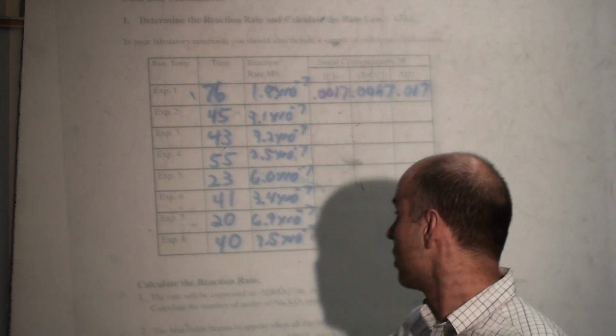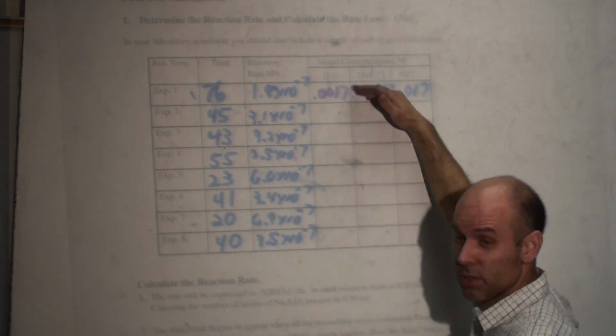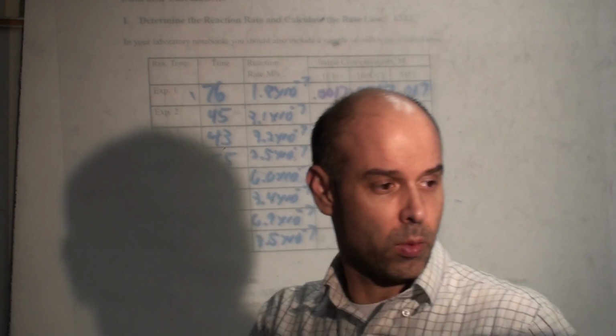You guys do 4 and 5. You do 6 and 7. You guys do 7 and 8. That way there's at least one other lab group to check off to make sure that someone didn't mess up the calculations. Okay? So go ahead, just calculate them all out, and then we'll share the data.